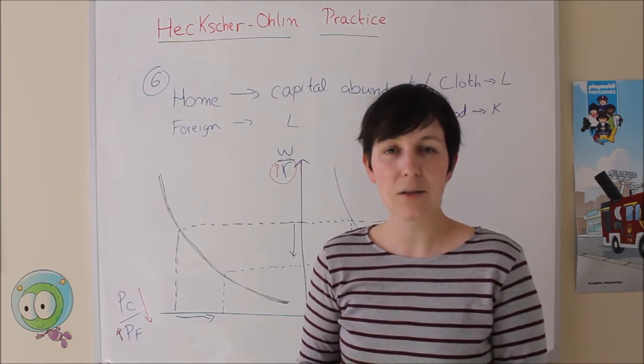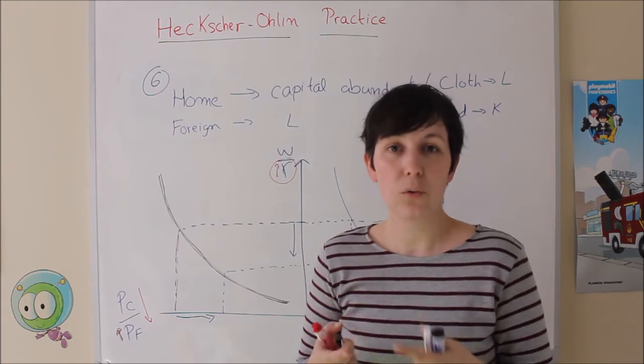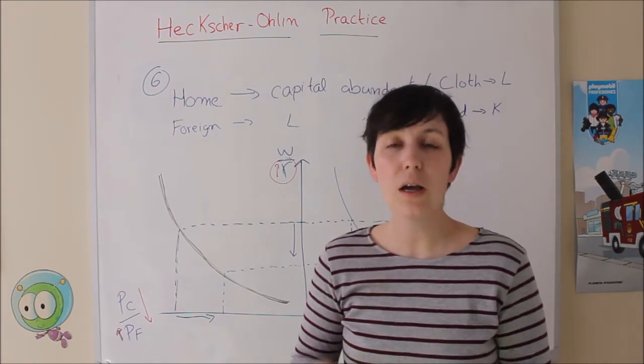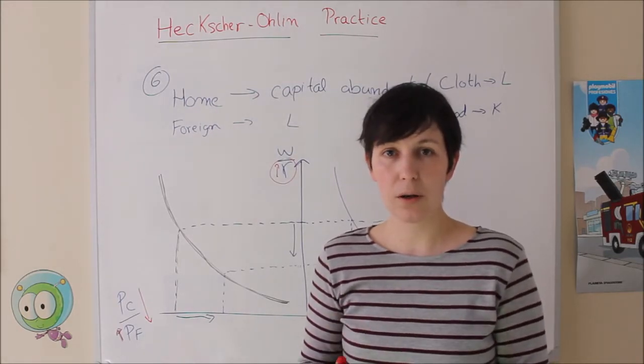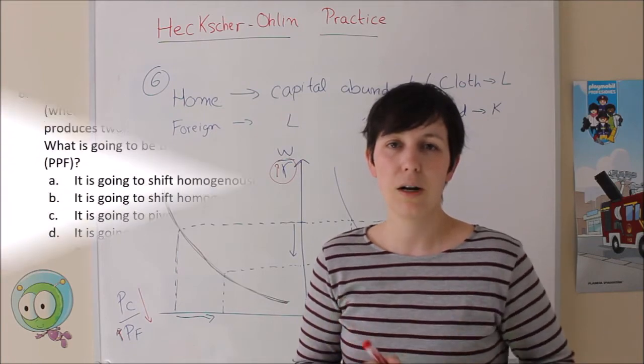In fact, that industry is going to pay them more in order to have workers, because that industry also needs workers. So eventually, wages are going to be the same across the industry, and the rental is the same thing, right?